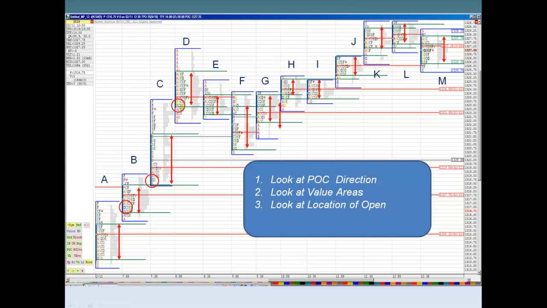Once again, we open above value, and we're opening in towards the high end of the range. All of these, you now know from learning about the profile, are indications of a very bullish trend or a bullish direction in the market, an upward direction.